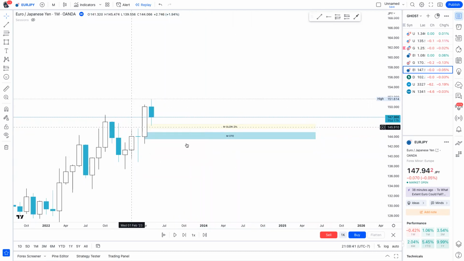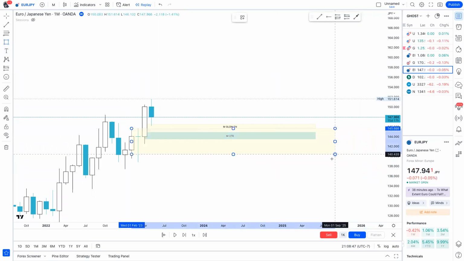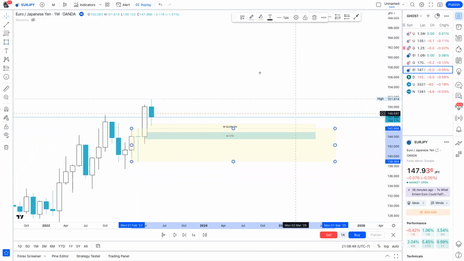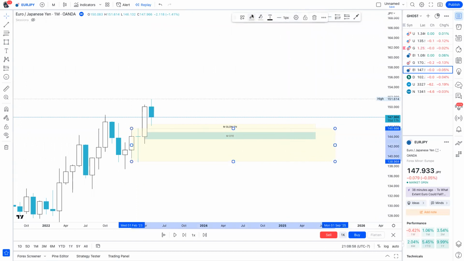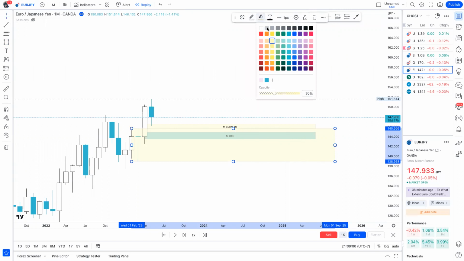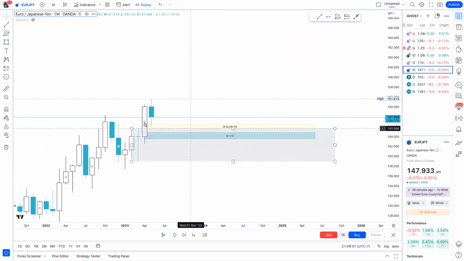So another thing I want to point out right here is some people do like to box these order blocks. I used to do this myself because it's just another zone that you can basically just use to track price. So the reason I don't do this anymore is because I just think the Fibonacci is a lot more accurate.